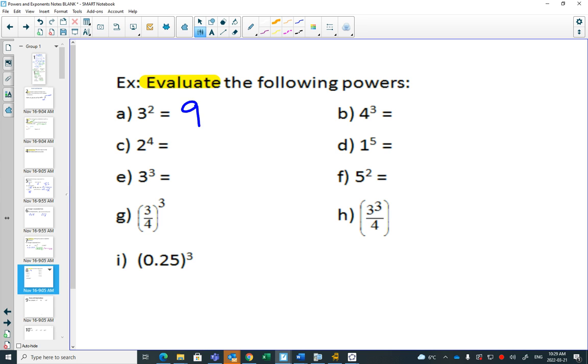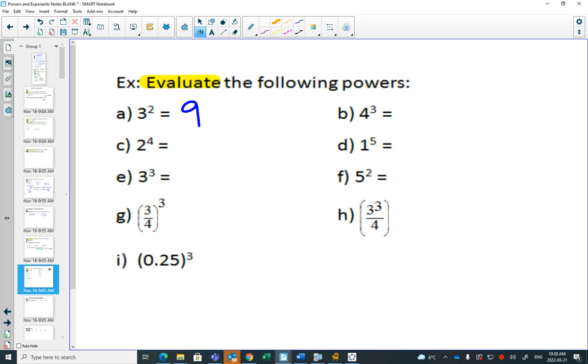Some of these you might need a calculator for, right? Because 4 cubed is 4 times 4 times 4. So on your calculator, it might be nice to find out how to do the cubed.